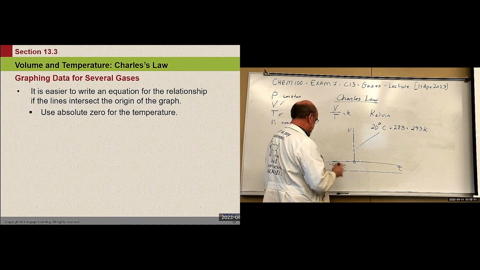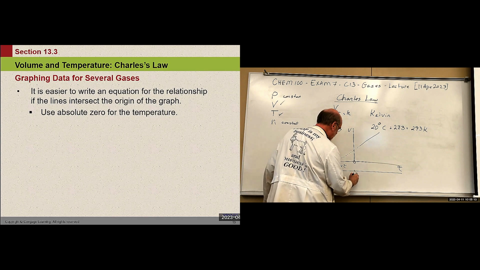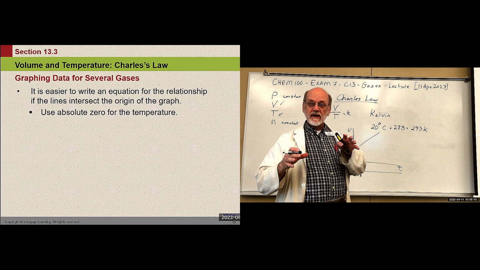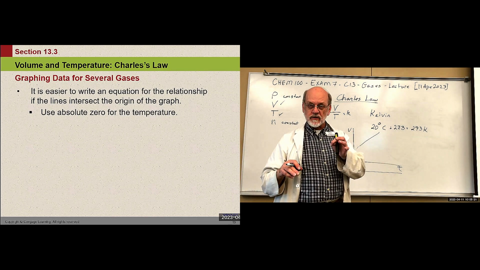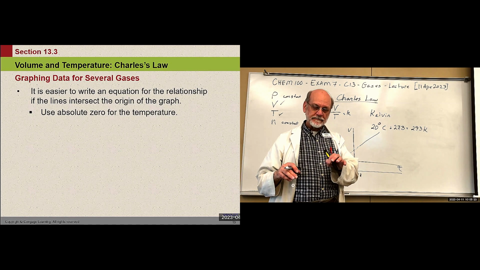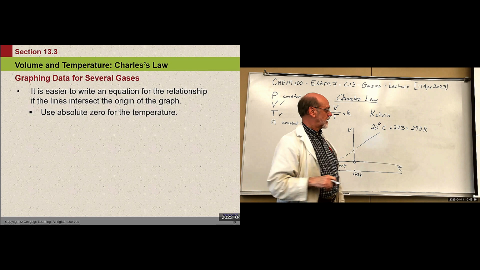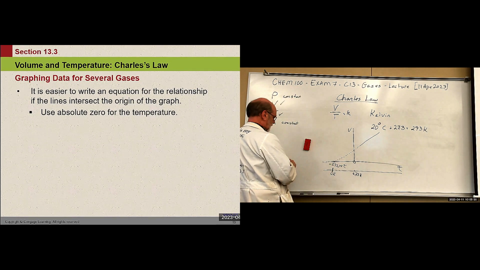Okay, so 0 degrees Celsius would be 273 Kelvin. And for our gas law working, standard temperature is 0 degrees Celsius or 273 K. Standard pressure is 1 atmosphere. Okay.